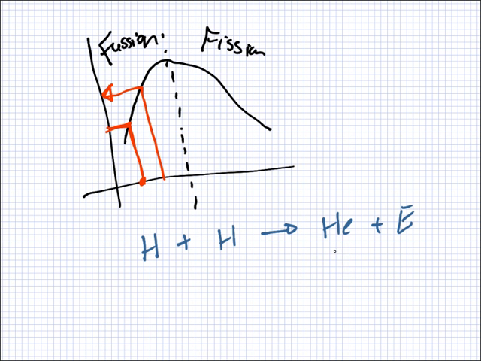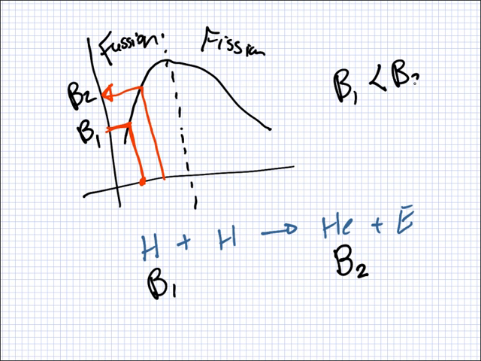This one has a binding energy I'll call B2, and this one has B1. I know B1 will be smaller than B2. What I don't know is whether this B1 plus this B1 is more or less than B2.